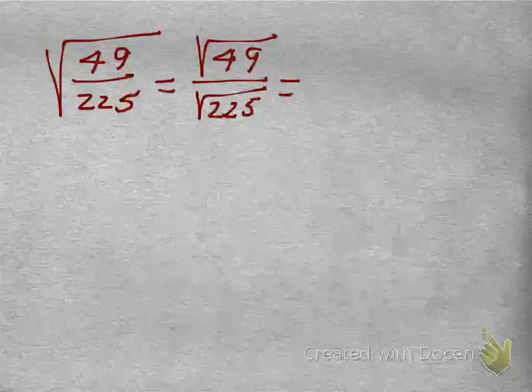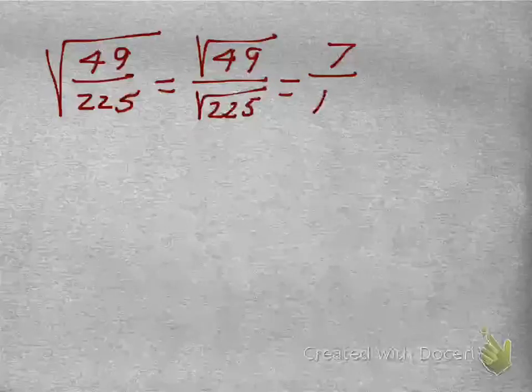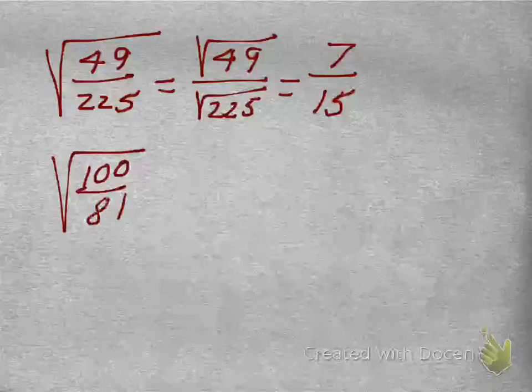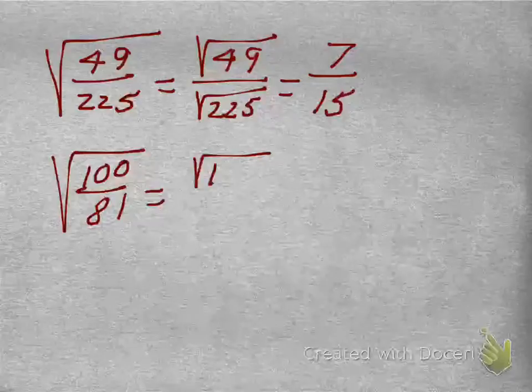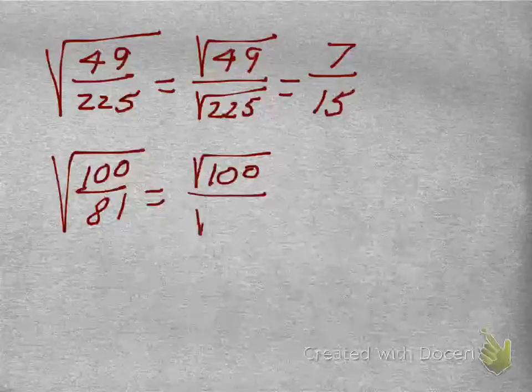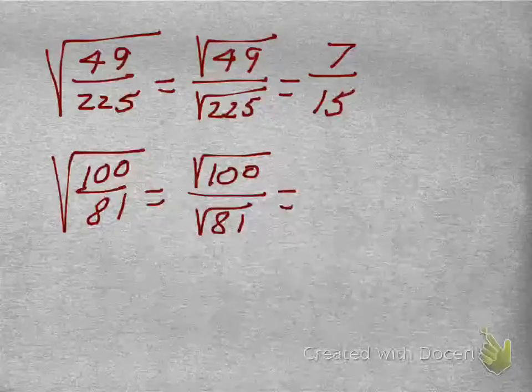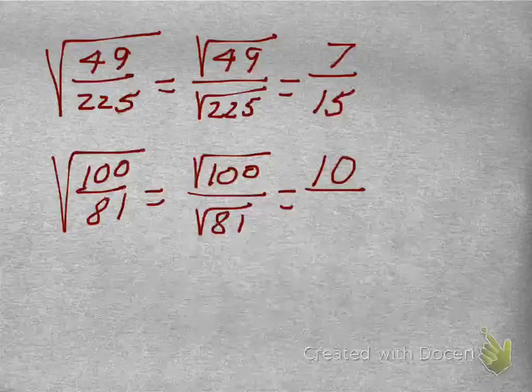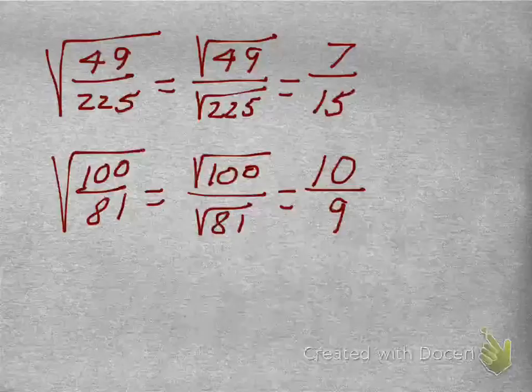We know the square root of 49 is 7, and the square root of 225 is 15, since 15 times 15 is 225. The square root of 100 over 81 can also break down into the square root of 100 and the square root of 81. We know the square root of 100 is 10, and the square root of 81 is 9.